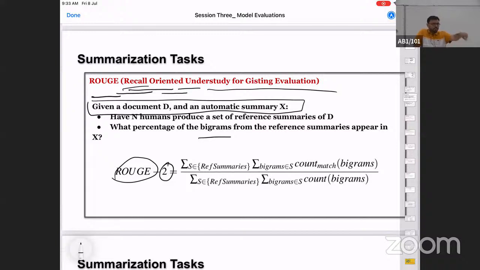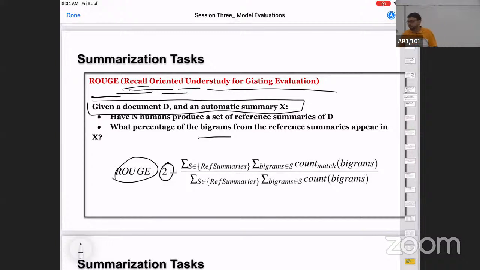If it is just ROUGE-1, then we are just going to compare the overlap of tokens or unigrams. If it is ROUGE-3, then we are going to compare the overlap of trigrams, three consecutive words. How many such three consecutive words are common between the human summary and the machine generated summary? Is that thing clear at least? What does this 1, 2, 3 represent in the ROUGE?